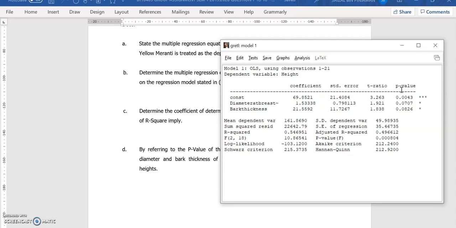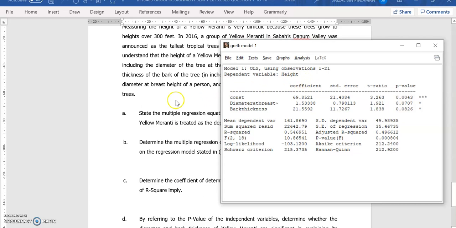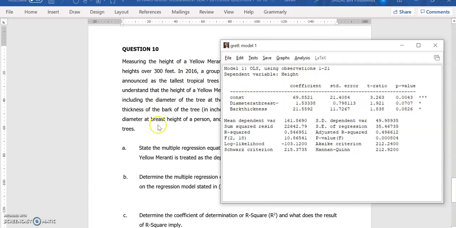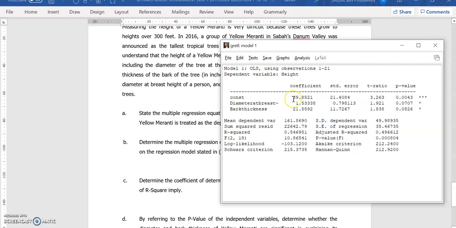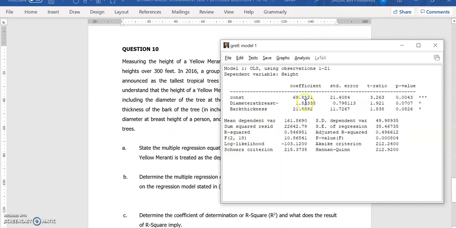For example, whether this model suffers from problems such as heteroscedasticity, multicollinearity, serial correlation, autocorrelation, and so on. But in order to answer question 10, we don't have to address those issues. It is sufficient for us to look into the coefficient, the p-value, the adjusted R squared, as well as stating the multiple regression equation.